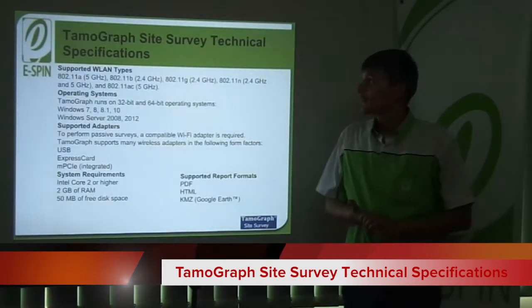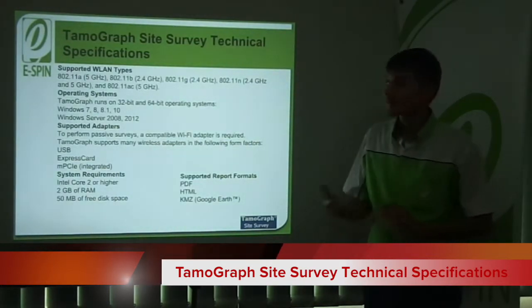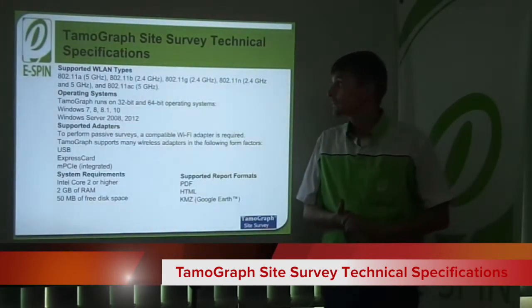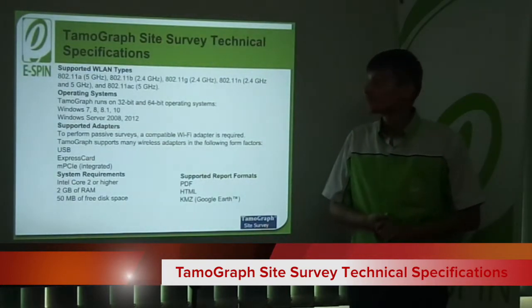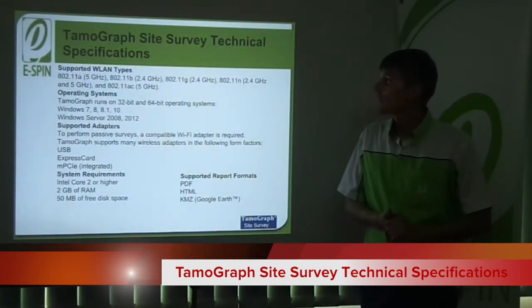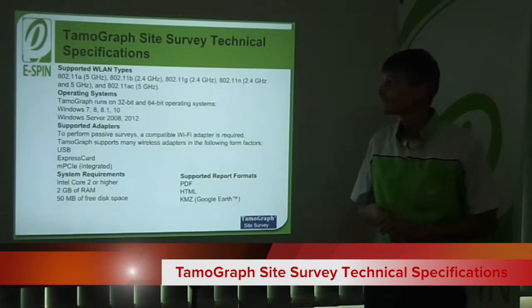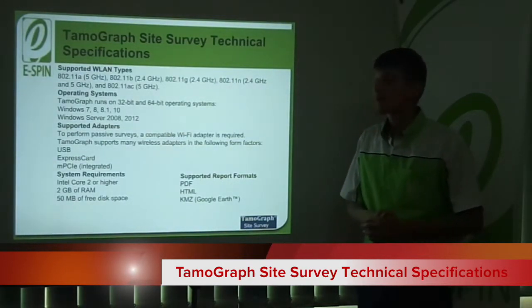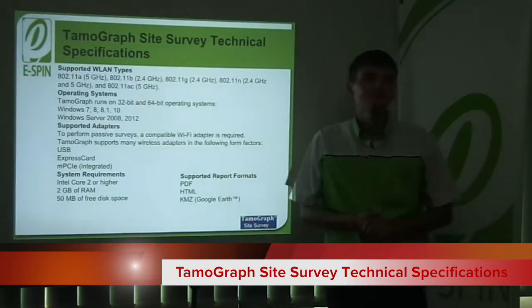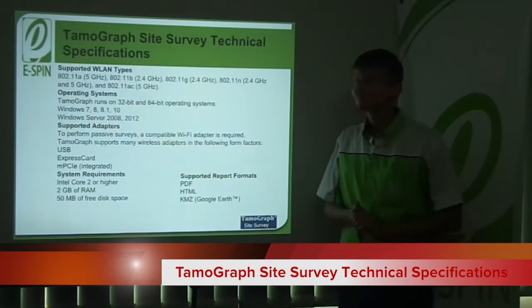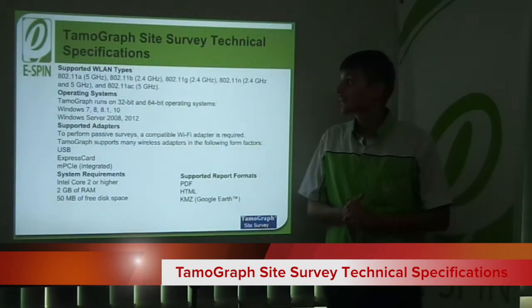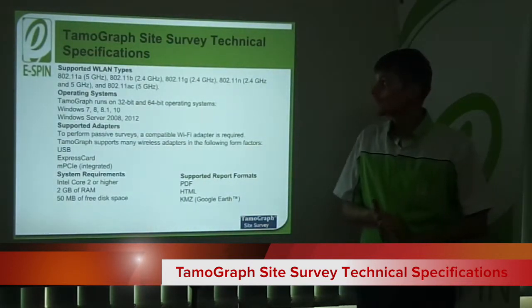Another slide: site survey technical specifications. Supported wireless local area network types are 802.11a with 5 GHz, 802.11b with 2.4 GHz, 802.11g with 2.4 GHz, 802.11n with 2.4 GHz and 5 GHz as well, and 802.11ac with 5 GHz.